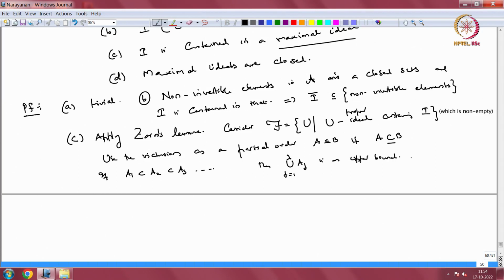Well, what does that mean? Union Aj is a proper ideal. Well, it's an ideal is trivial and it is a proper ideal because none of them has identity, right. Each Aj is a proper ideal, okay. And so, it is an upper bound because it is in F, right. It is in script F, I will be contained in that, right. So, by Zorn's lemma there is a maximal element and that will give me a maximal ideal, okay. So, that is easy. So, complete the proof, okay.